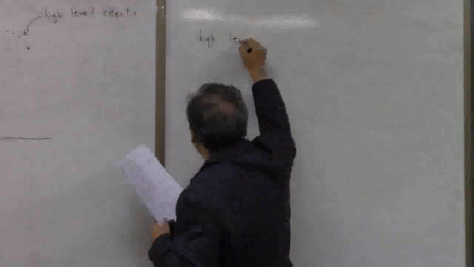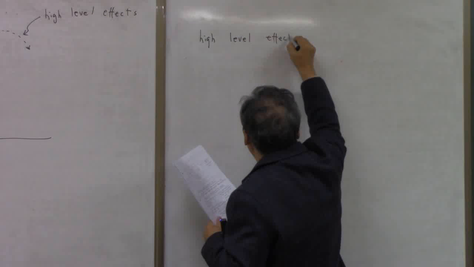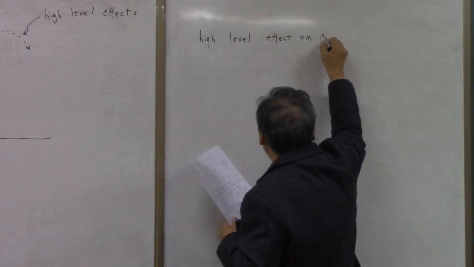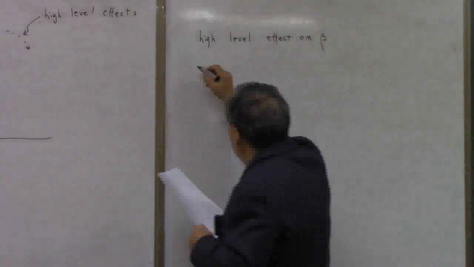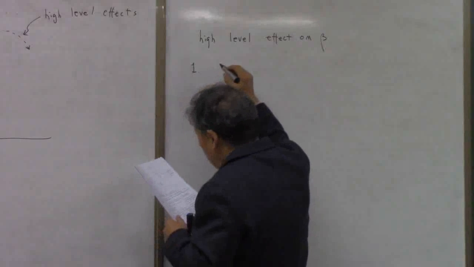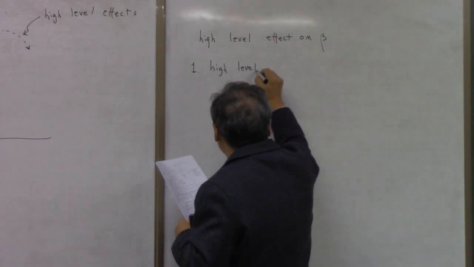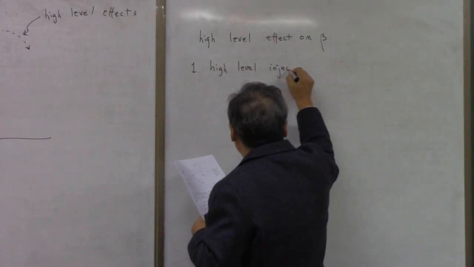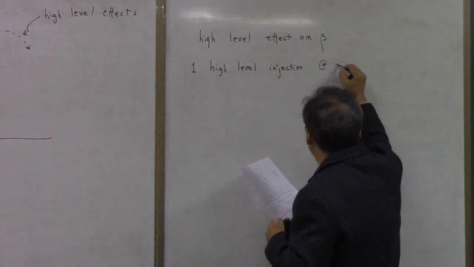High level effects on beta. The first thing is high level injection at emitter.